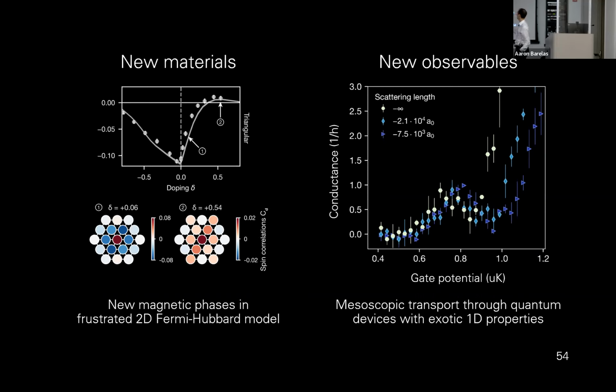About your first question, yes, we are tuning away from commensurability by changing this gate potential. Essentially, we have two atoms per site here, and as we increase the density above two particles per site, we actually start to see the conductance shooting up, indicating that we have superfluidity.